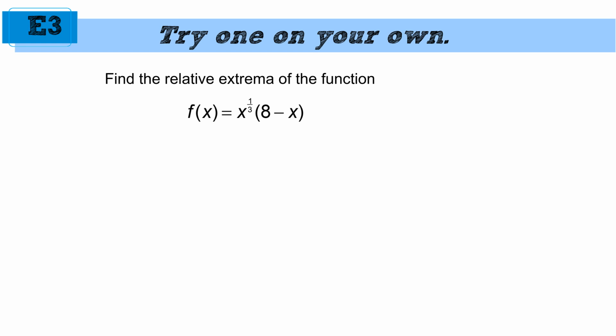Good, negative 2/3 out. Why? Because that leaves a negative x behind. X to the 1/3 divided by x to the negative 2/3 is x to the first. Plus, that's gone, 8 thirds minus 1/3 x.